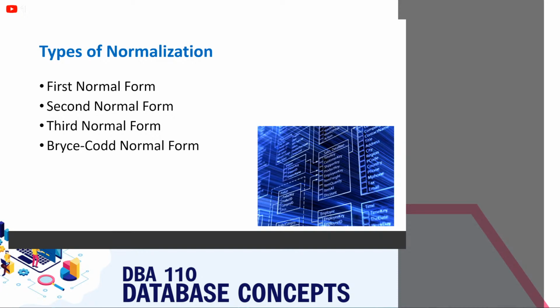And we're going to talk about 4 different types of normalization. First normal form, second normal form, third normal form, and Boyce-Codd normal form. And we can think about Boyce-Codd normal form as basically 3 plus normal form. There is a 4th normal form and a 5th normal form.